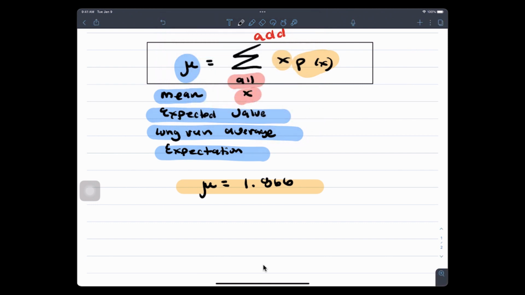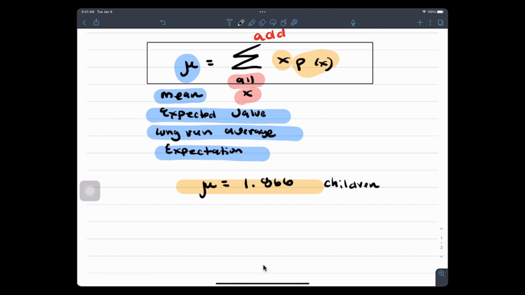You ever hear the phrase, and maybe it used to be said, 1.866 children? It used to be said that couples in America have 2.2 children. This is an important measure in demographics. It's important to know how many children people are having. So by this table and this data, couples are having 1.866 children.